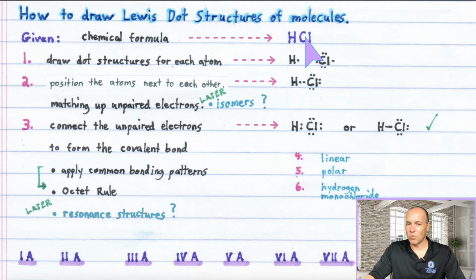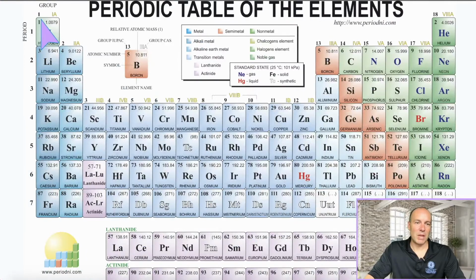You have one hydrogen and one chlorine, so draw the dot structure for a hydrogen and draw the dot structure for a chlorine. Hydrogen gets 1 dot and chlorine gets 7 dots, and that's because hydrogen has 1 valence electron and chlorine has 7. I'll remind you that the periodic table tells you how many valence electrons atoms have.